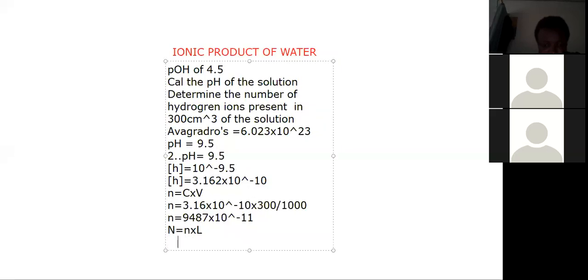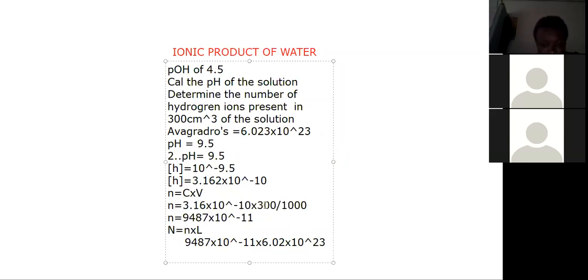Well, we know that our n is equal to 9.487 times 10 to the power minus 11, times our Avogadro's constant, which is given as 6.02 times 10 raised to the power 23.